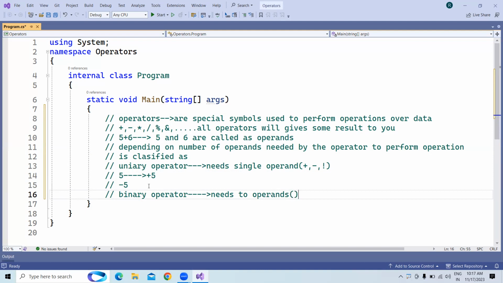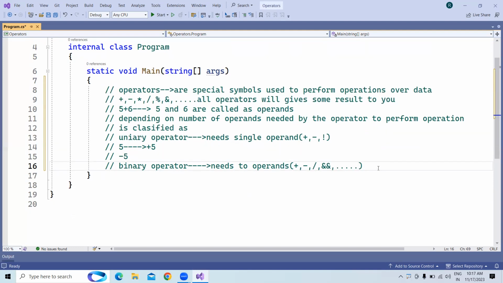Plus and minus can also be considered binary, because addition can be performed on two numbers and subtraction on two numbers. The remaining ones, like division and logical and, are all binary operators. We will discuss many of them.